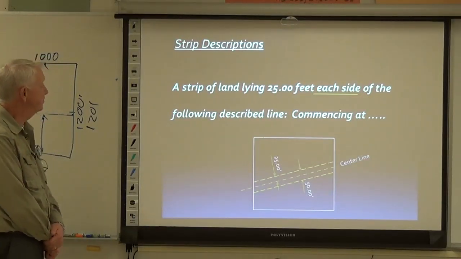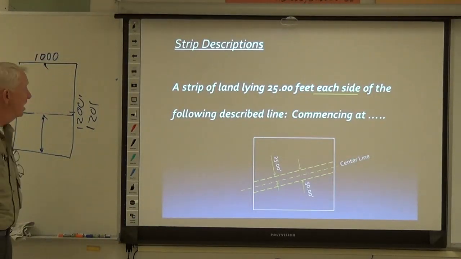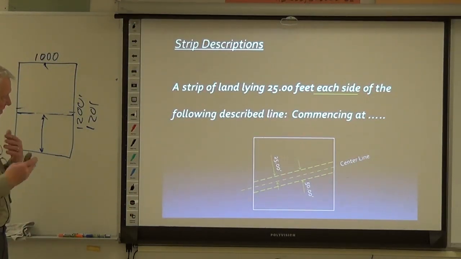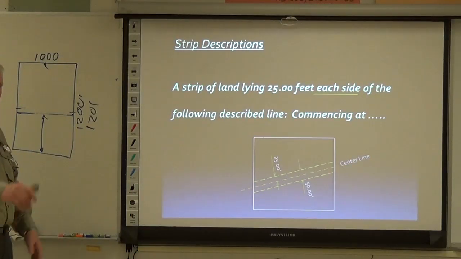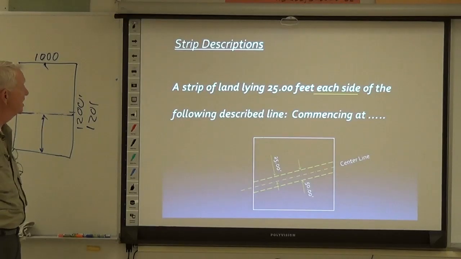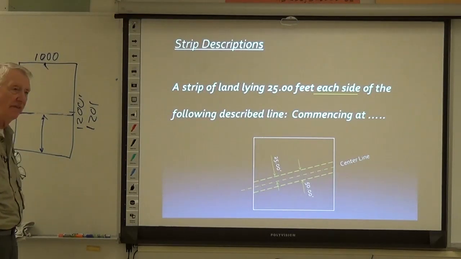All right. A strip description. A strip description of land is you're trying to just describe what this is. This is your gas easement going through the center of this property. Okay? A strip of land lying 25 feet each side, notice I have that underlined, we'll talk about that, of the following described line, commencing at.